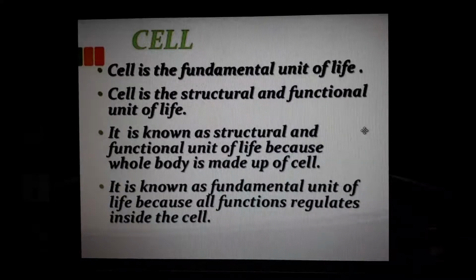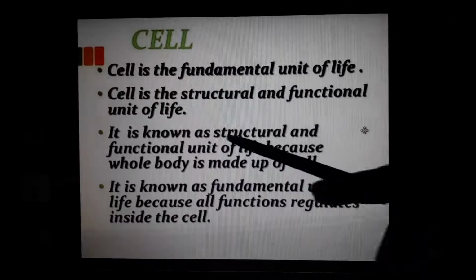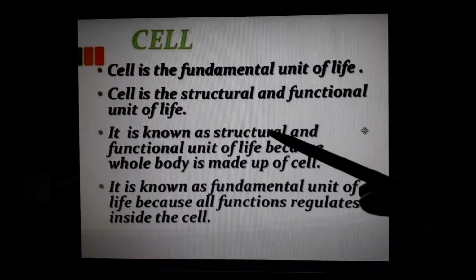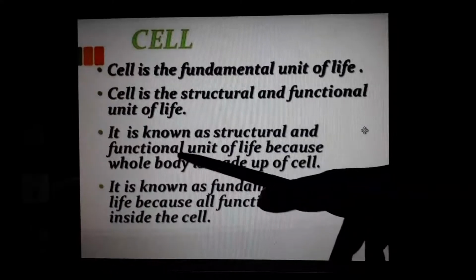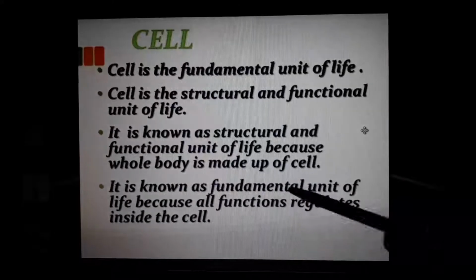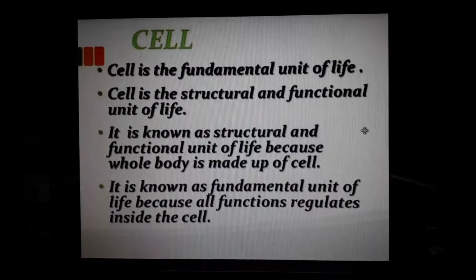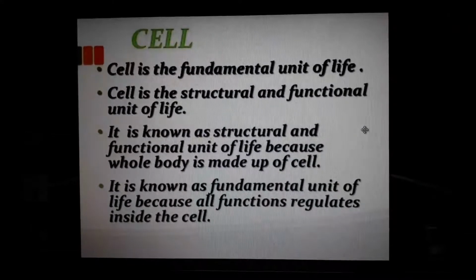The entire body, our hair, our nails, our blood, our saliva, our nose, our tongue, our eyes, everything inside our body is made up of what? It is made up of cells. That's why it is called structure. It gives us structure. It makes all our organs function. It is known as the fundamental unit of life because all functions are regulated inside the cell. What all is happening inside the body, where does it start? Inside a cell.